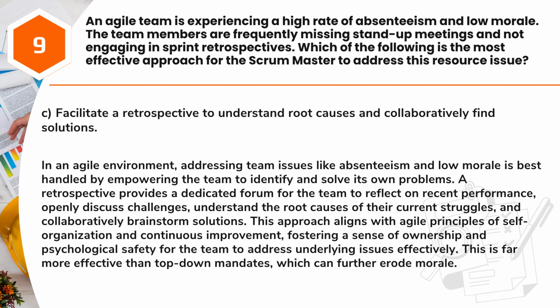This approach aligns with Agile principles of self-organization and continuous improvement, fostering a sense of ownership and psychological safety for the team to address underlying issues effectively. This is far more effective than top-down mandates, which can further erode morale.